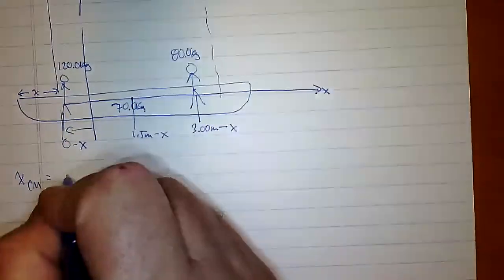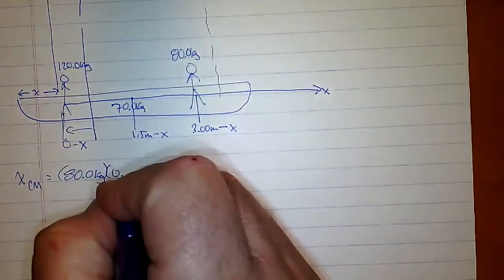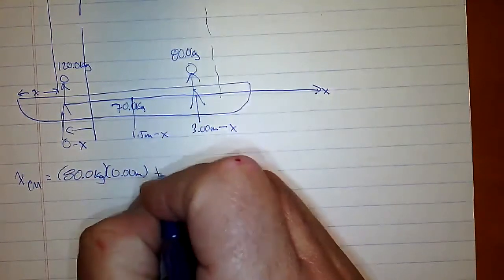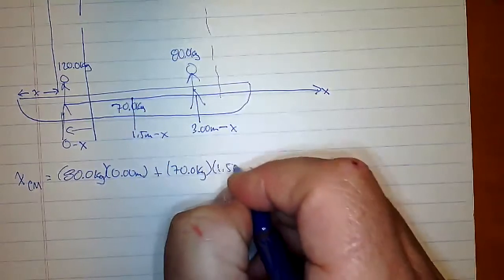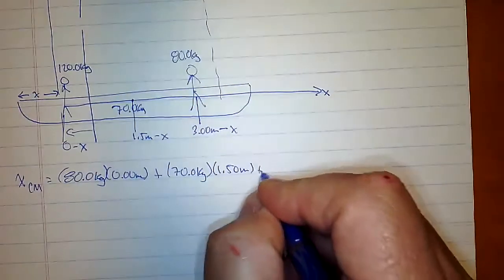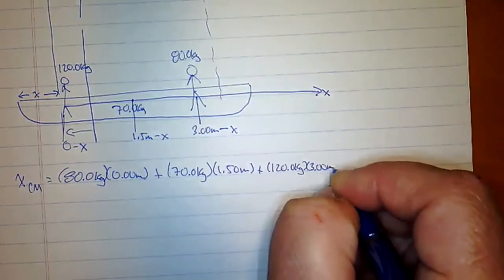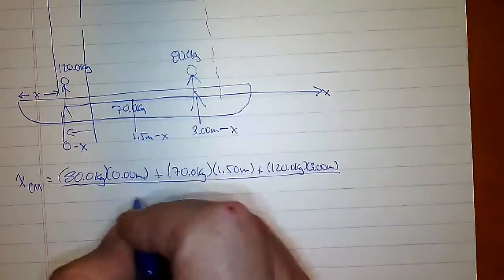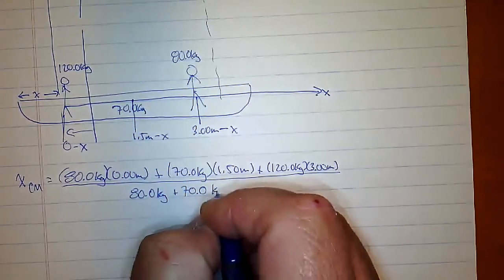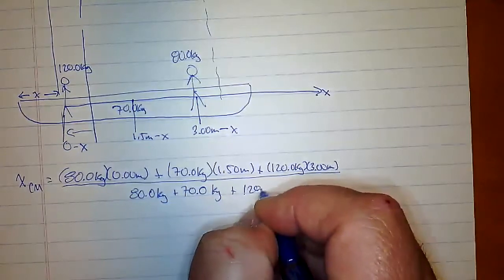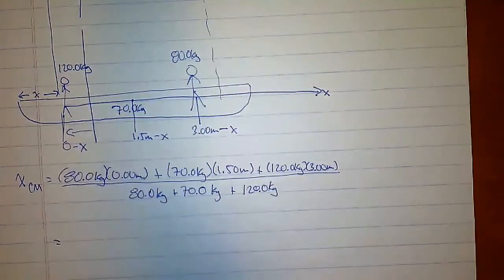And in the first case, I'm going to write 80.0 kilograms times 0.00 meters plus 70.0 kilograms times 1.50 meters plus 120.0 kilograms times 3.00 meters, all that divided by the sum of the masses, which is 80.0 kilograms plus 70.0 kilograms plus 120.0 kilograms. Of course, that also has to equal the center of mass after it.